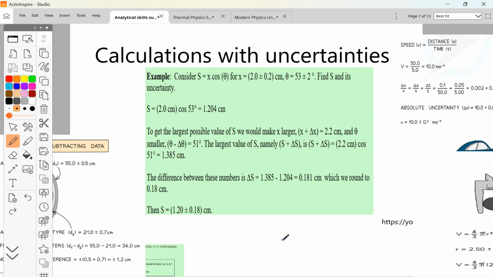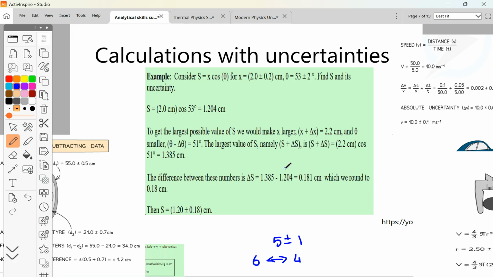Because if you remember your uncertainty, if you have 5 plus or minus 1, the biggest value it could be is 6, and the smallest value it could be is 4. So that's your range. So if you say 6 plus 4, that would give you 10. Divide by the 2, that would give you your real value.